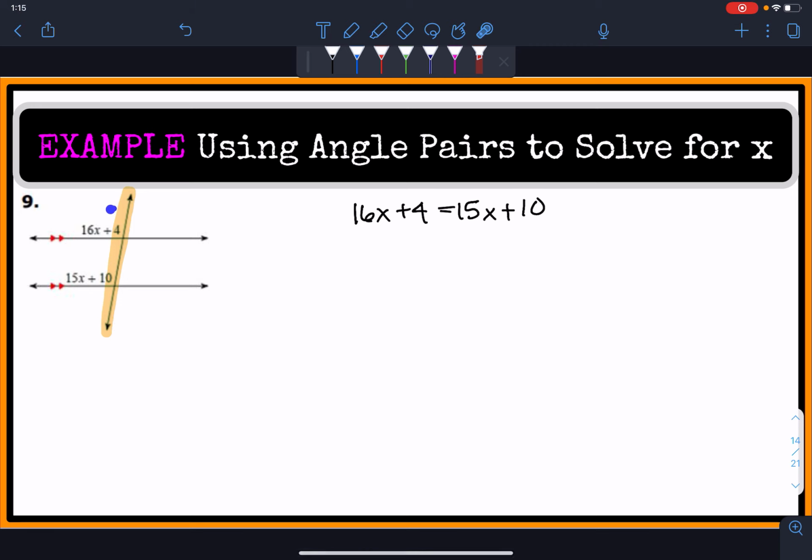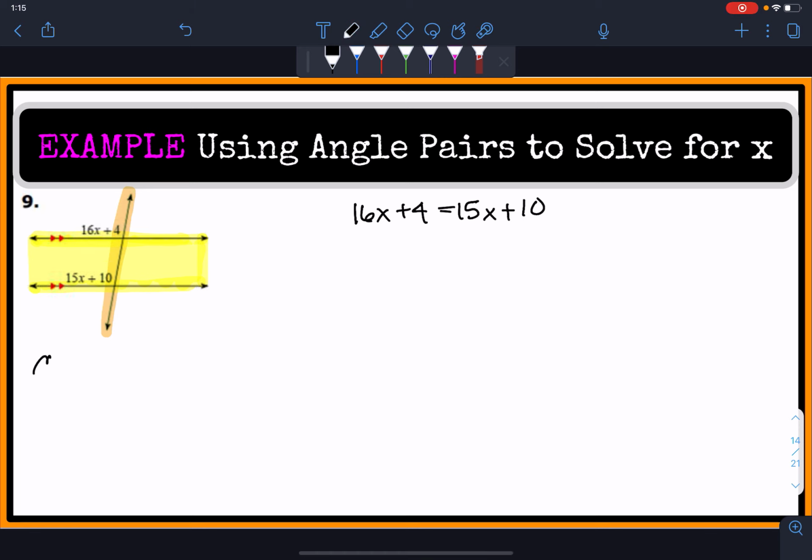They're both on the left side, so they're not alternating. And notice that one of them is on the outside of the parallel lines. Here's a set of parallel lines, I've highlighted them in yellow, and the inside is what I've highlighted in yellow. Notice that the 15x plus 10 is on the inside, but the 16x plus 4 is on the outside.